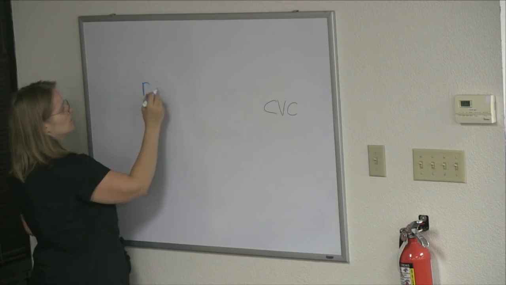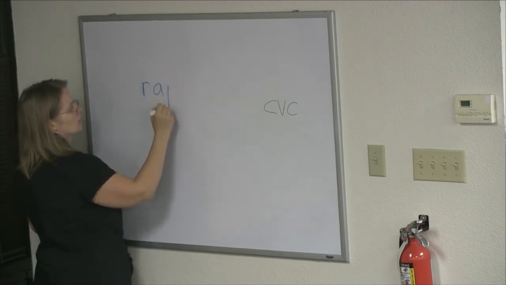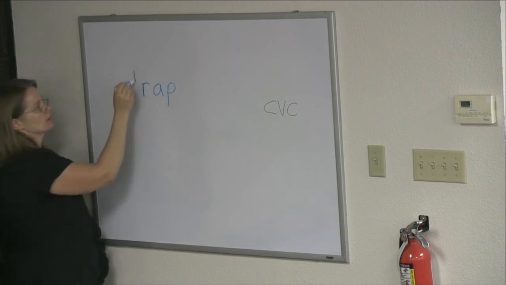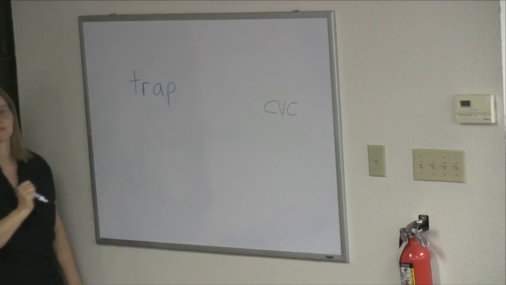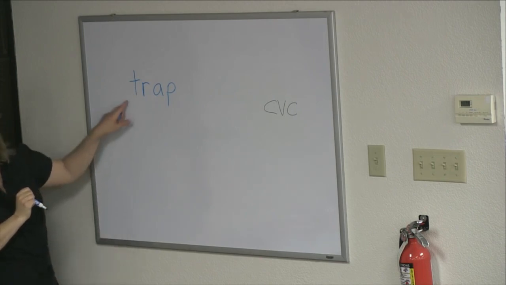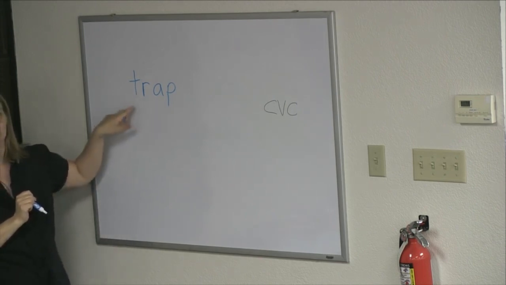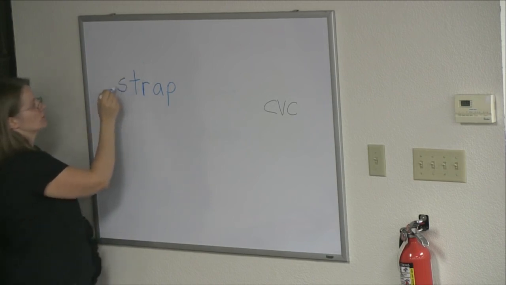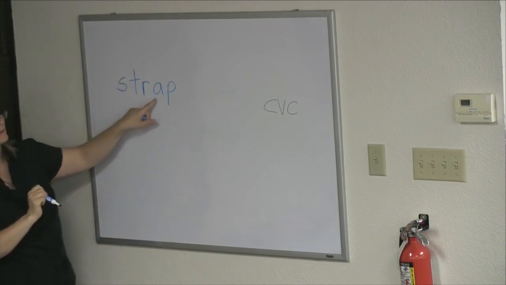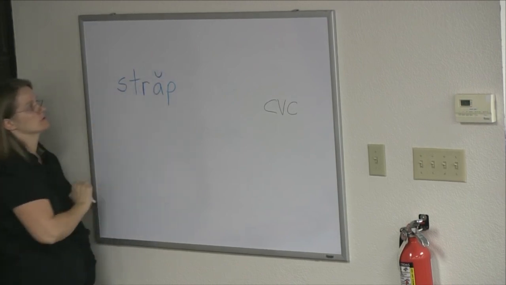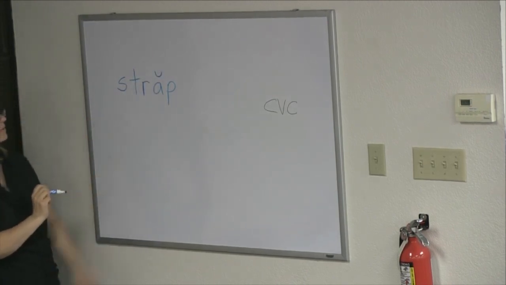So maybe they have learned rap, R-A-P. Well, you can make that into a beginning blend by having two consonants at the front and making this a tr-ap, trap. Or you could even make it a three-blend word and call it strap. We still only have one vowel here, and it still makes the short sound. And you can do that with a whole lot of words.